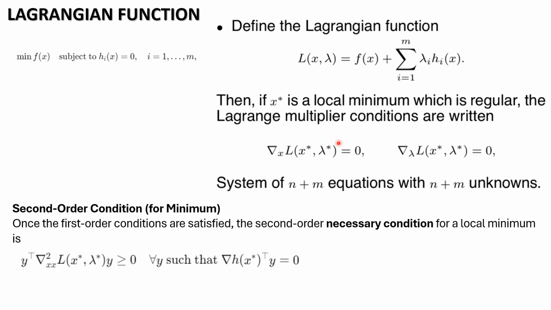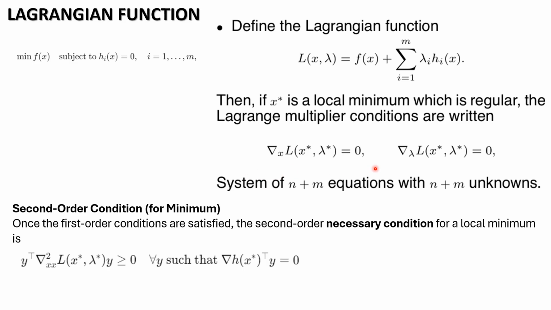Then the Lagrange multiplier condition, like Karush-Kuhn-Tucker for equality constraints. So if x star is a regular local minimum, meaning the constraint gradients are linearly independent, then the necessary conditions are as follows.